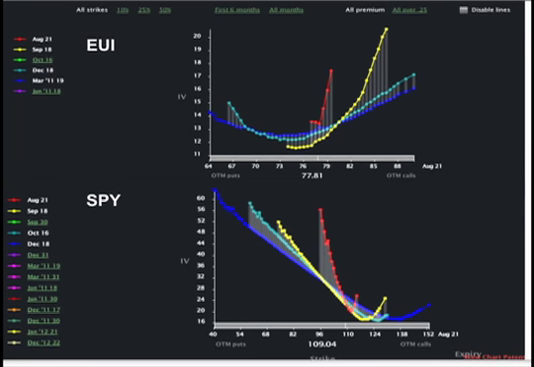August expiration is upon us, so the red one is August, so maybe don't look at that necessarily. But one of the first things that jumps out is that the skew is pretty heavy and steep on the call side in EUI. If you look at the yellow line, which is the September, and even the December, it is fairly steep.